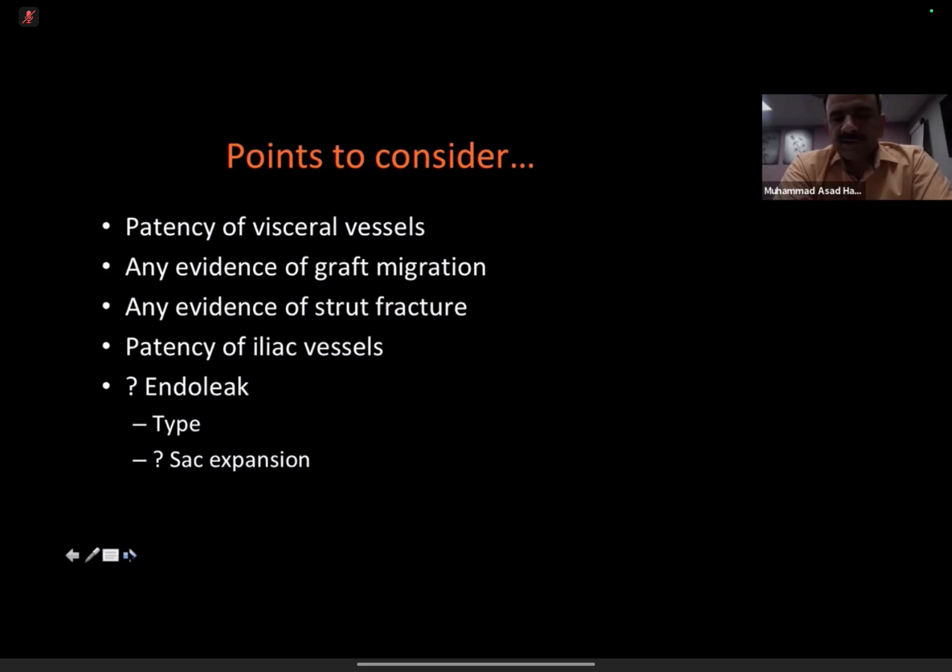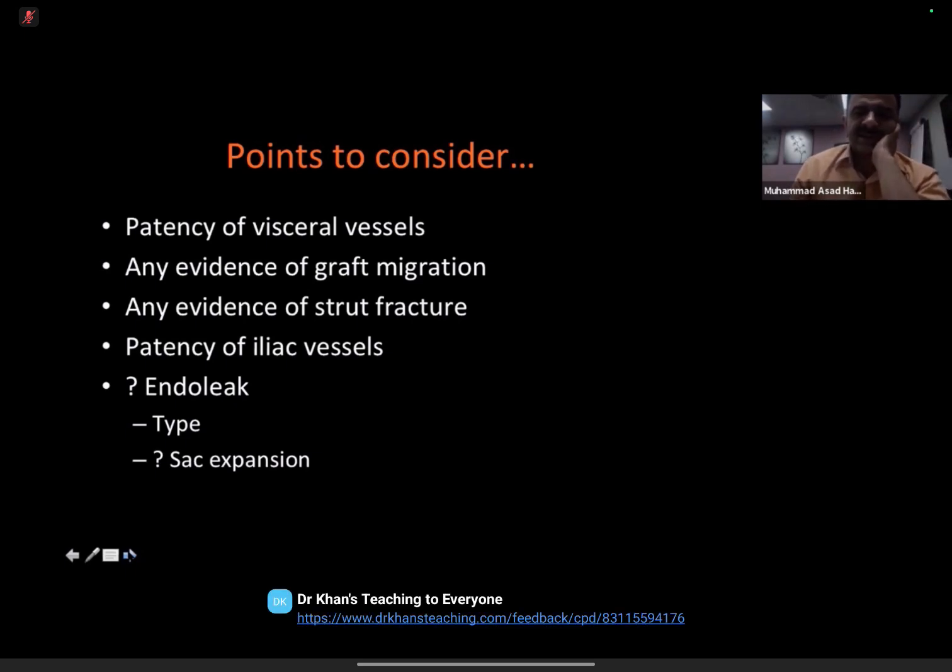Then you also may need to compare with the previous examination and comment whether there is any evidence of graft migration, strut fracture, patency of the iliac vessels, and endoleak. Once you have described the endoleak, the other thing is to compare for any expansion of the sac size, because if the sac keeps expanding, this patient definitely needs further intervention to stop that endoleak.